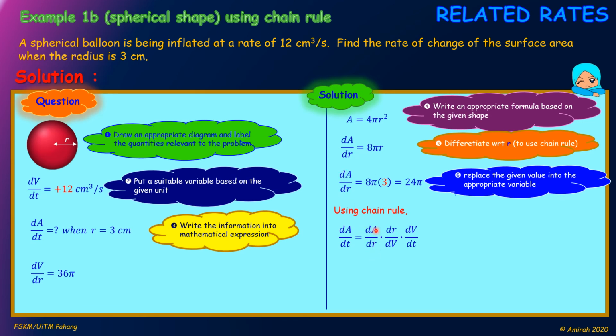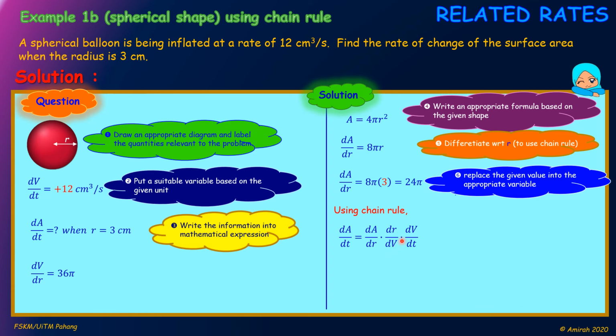After we write dA over dr, the next derivative should be dr over dV, with dr on the top. From here we have dV over dr, but now we want to write dr over dV.